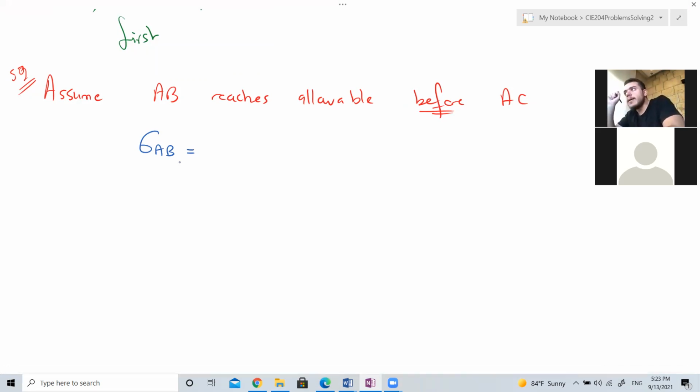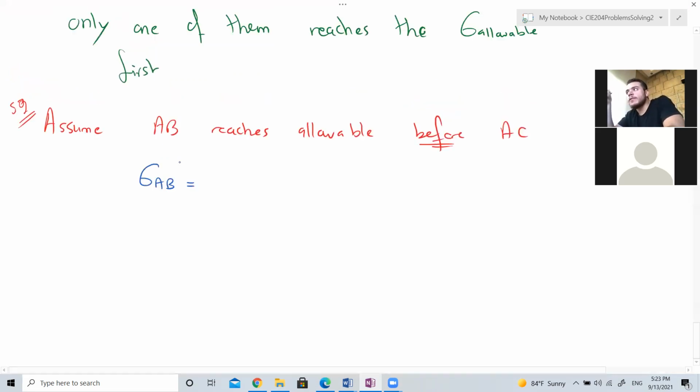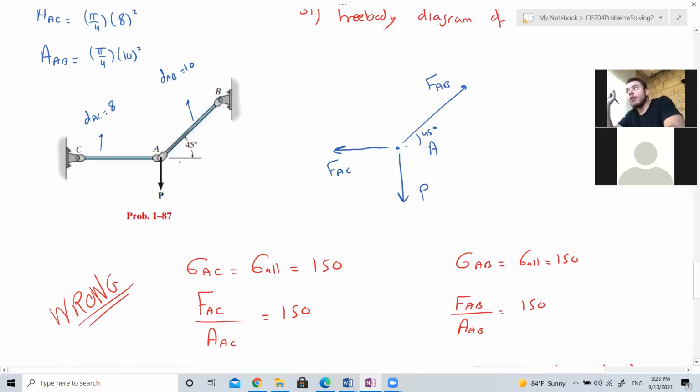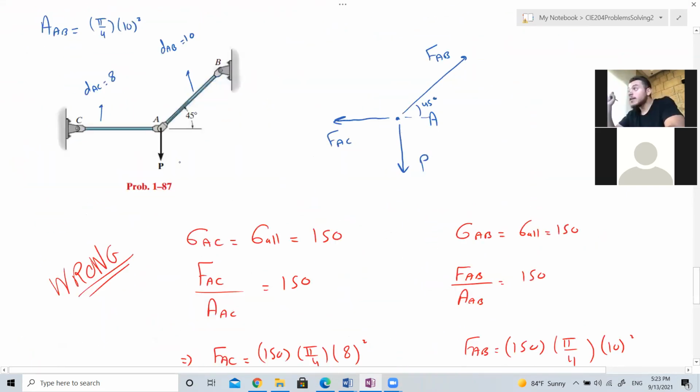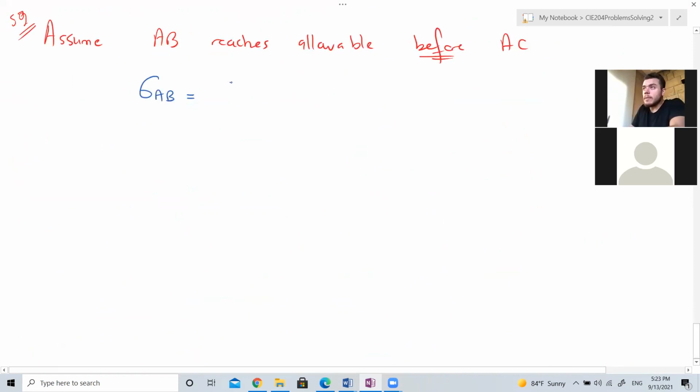Force divided by area, but it's equal to what if AB reaches the allowable? It's equal to sigma allowable, which is 150. Yes. And now we can find FAB over the area is equal to 150.